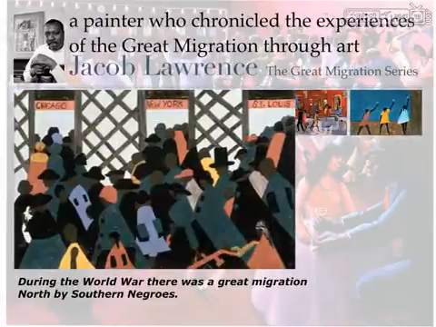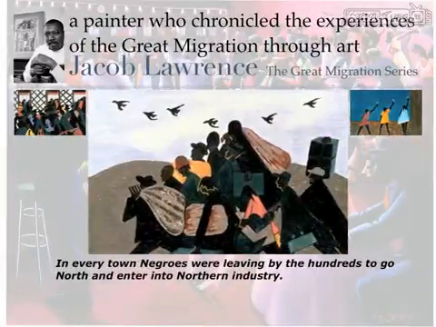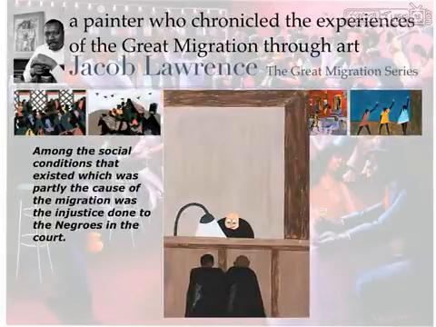So his paintings, Jacob Lawrence, are showing a lot of that. So here we have people filing into train stations, going to Chicago, New York, St. Louis. Not only showing the movement, but also what they encounter.